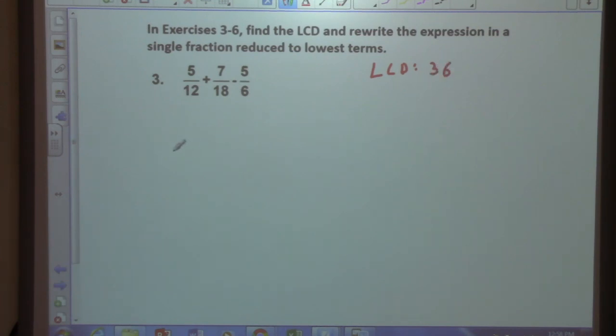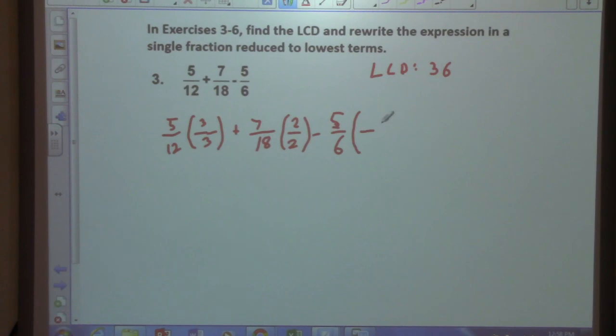And so with this, we got 5 over 12 times what? 3. Times 3 over 3. Plus 7/18 times 2 over 2 minus 5/6 times 6 over 6.